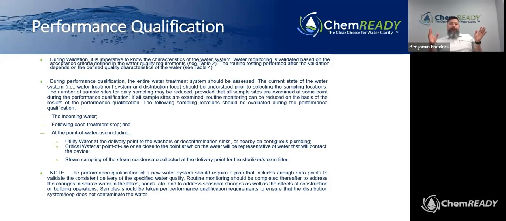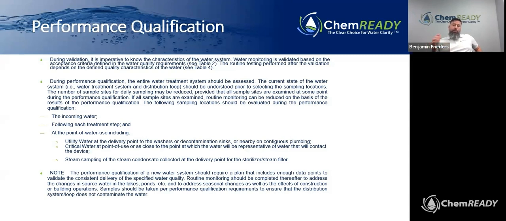Performance qualification is the first 12 months after the installation of your water treatment equipment. After that, there are sections, and there's table 4, table 5, and table 6 in the standard. The frequency and the parameters that are tested are, I believe, pH, alkalinity, hardness, conductivity and turbidity, TOC, bacteria and endotoxin for critical water.